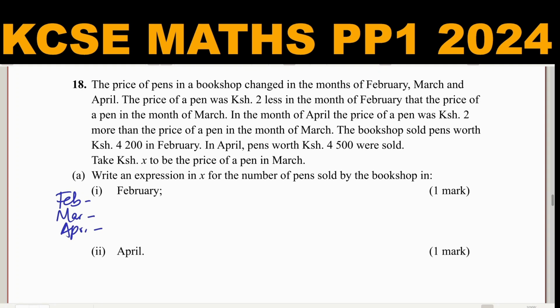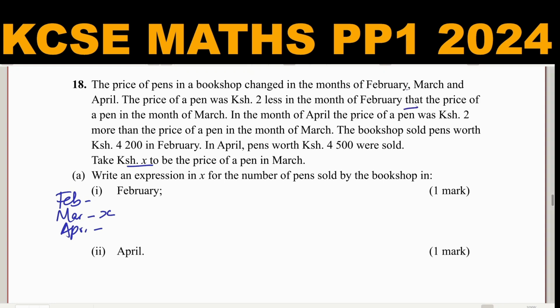So we're taking X to be the price of a pen in March, and this will help us to find the expression for February and April. Let's go to the second statement: the price of a pen was 2 shillings less in the month of February than the month of March.